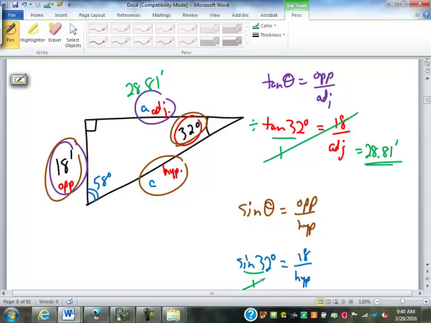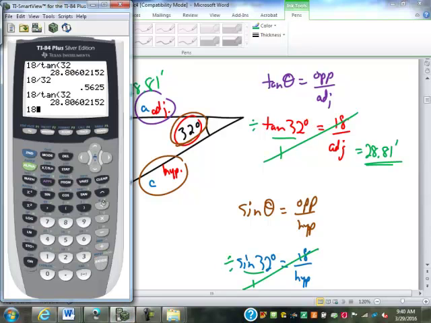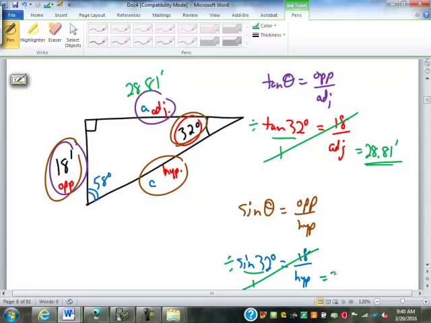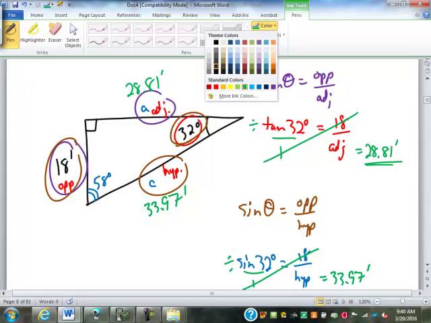Put this over 1, I will cross multiply and divide. So 1 times 18 is just 18 divided by the sine of 32 degrees. 33.97. How many of you had 33.97 for the hypotenuse? Good deal.